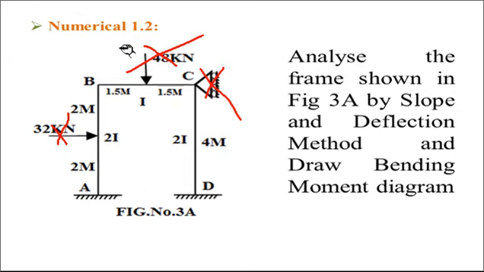Now you see the geometry is symmetrical about the vertical axis, that means it is again a non-sway frame. So likewise you have to understand which type of frame it is, and then according to that you have to solve. If it is a sway frame, then this delta comes into the picture, only that is the difference.